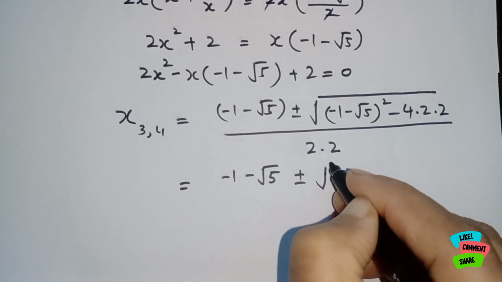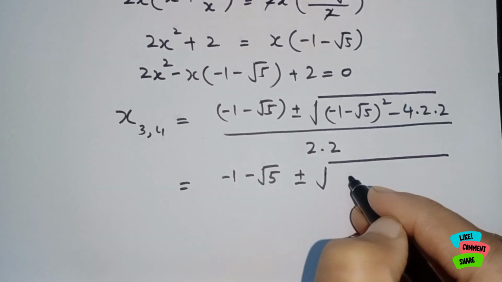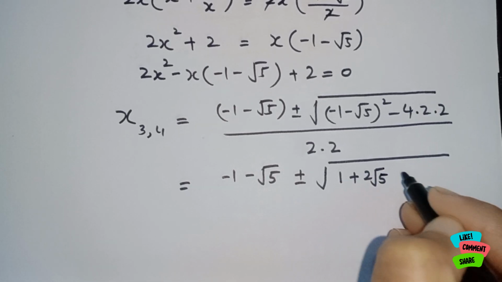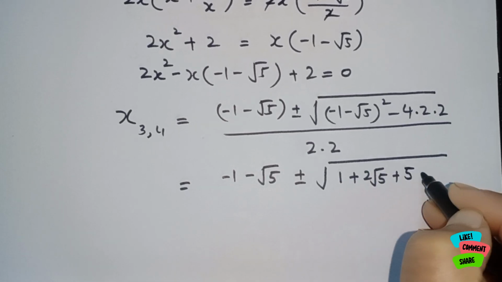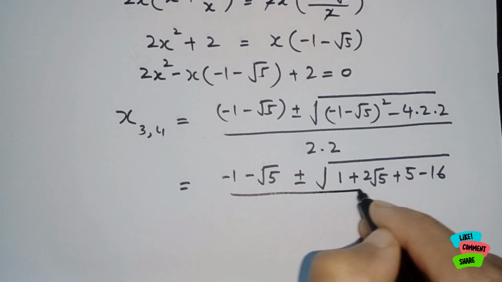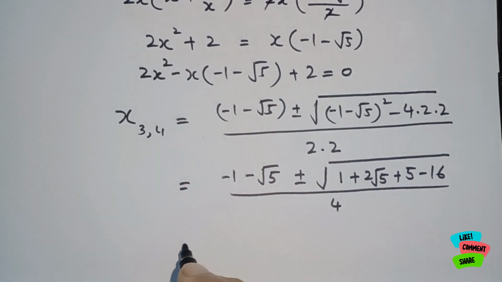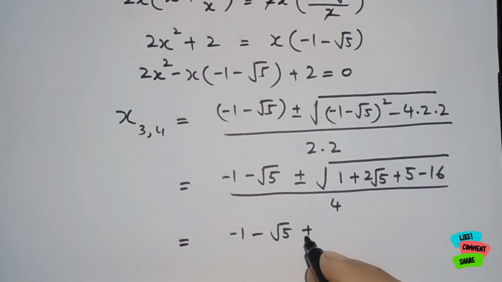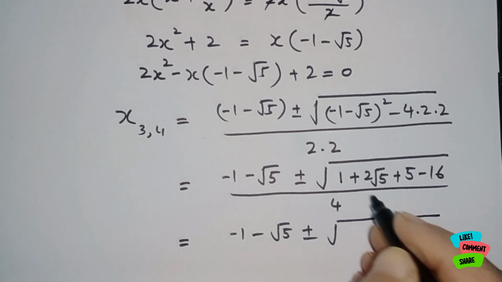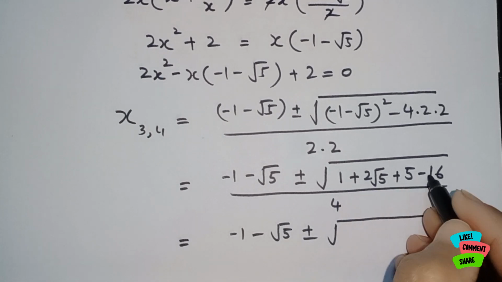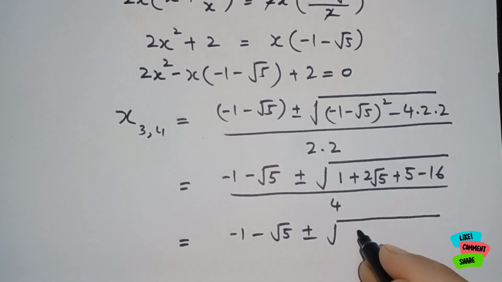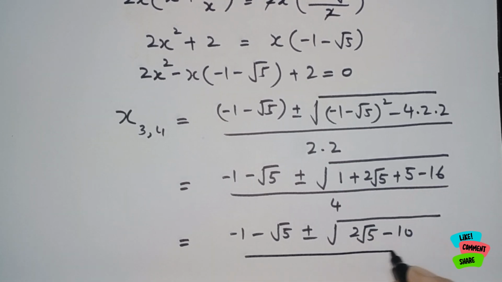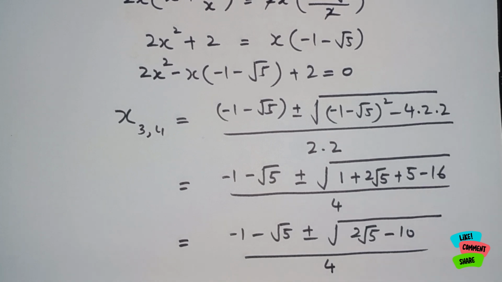Square root 5. Here we will simplify it, and we will get 1 plus 2 square root 5 plus 5 minus 16 over 4. So from here we will get minus 1 minus square root 5 plus or minus. Here we will get 5 and 1 will give 6, and we will subtract from minus 16. We will get 2 square root 5 minus 10 over 4.